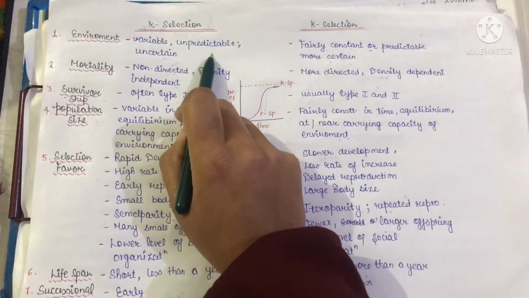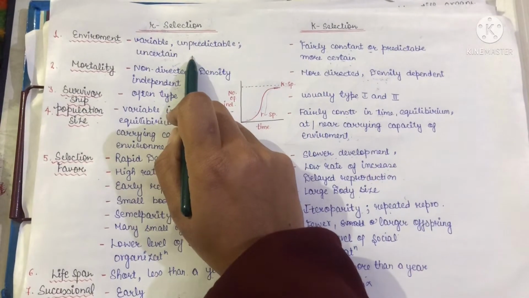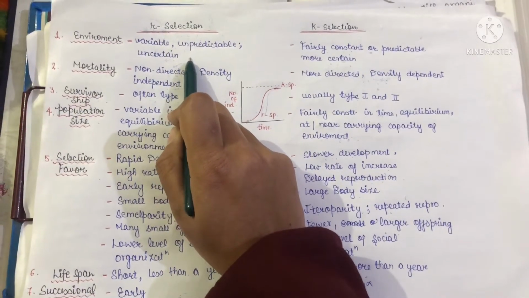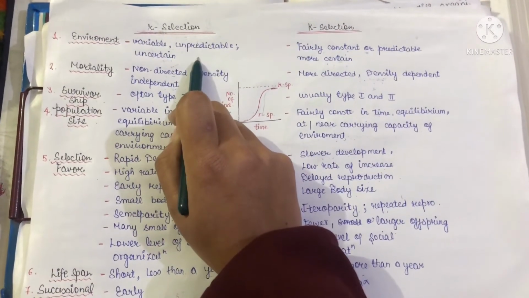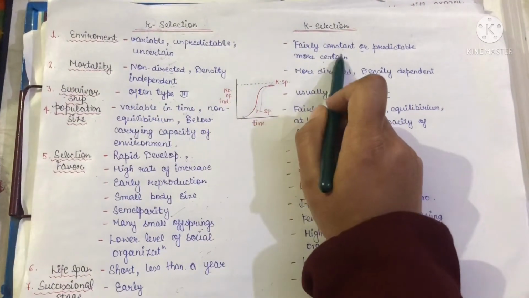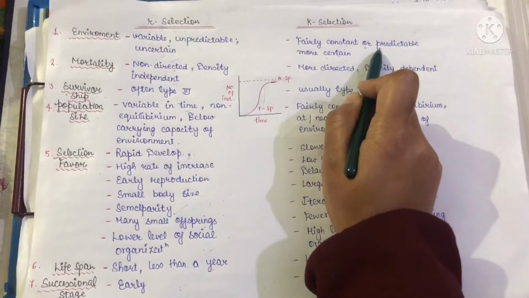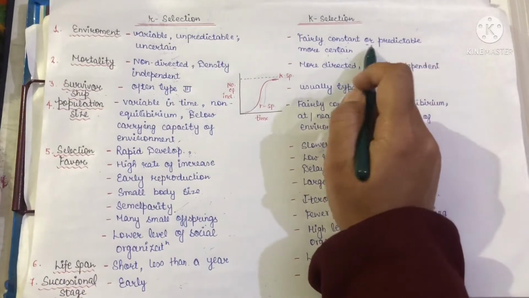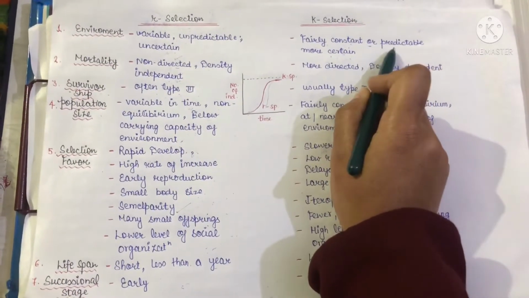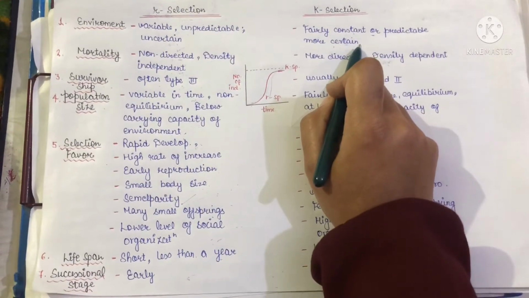It is not affected by disastrous changes in the environment or any natural calamities, right? On contrast, K selected species are fairly constant, and they need a stable environment to survive, or a more certain environment to survive, right?